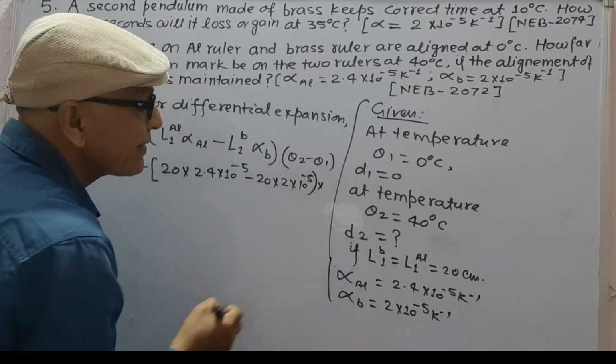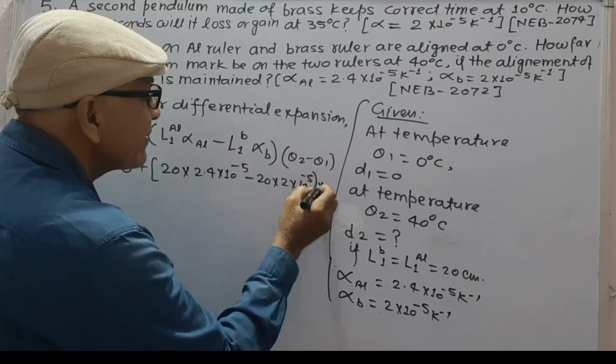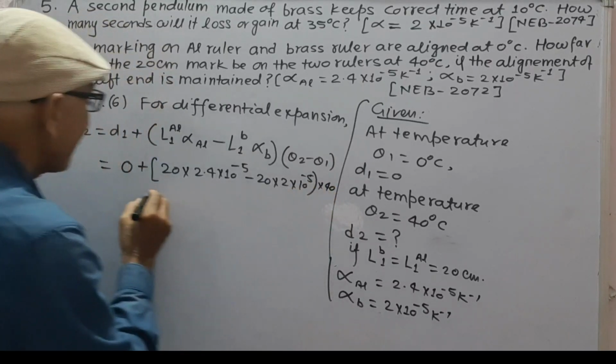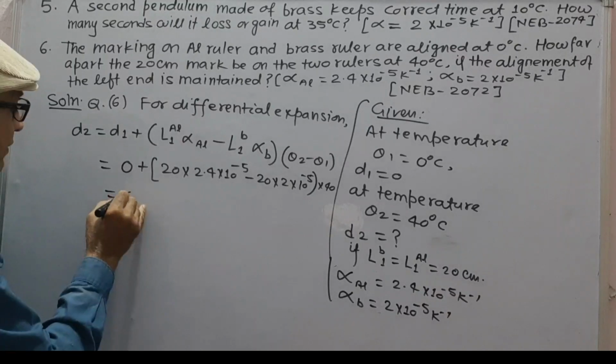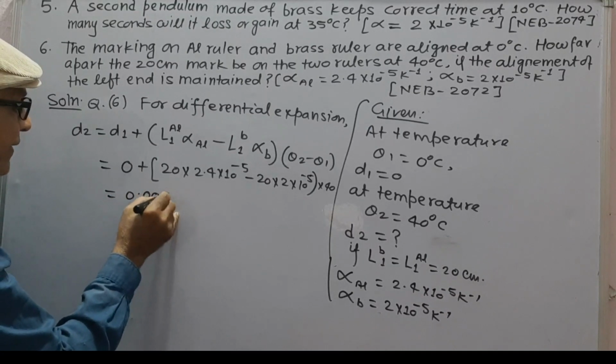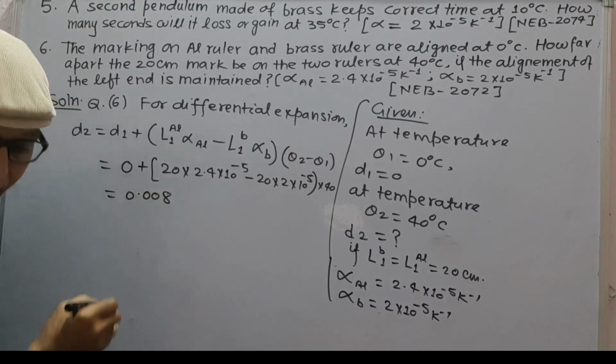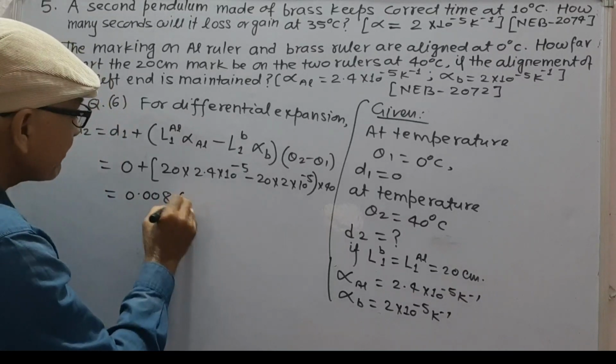Temperature difference is 40 minus 0 means 40. So we get D2 as 0.008 centimeter.